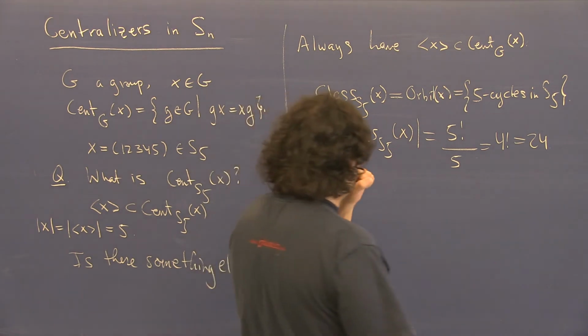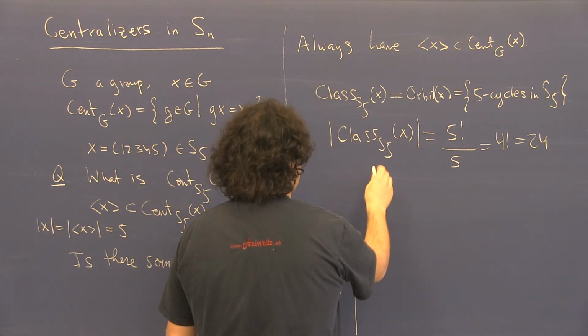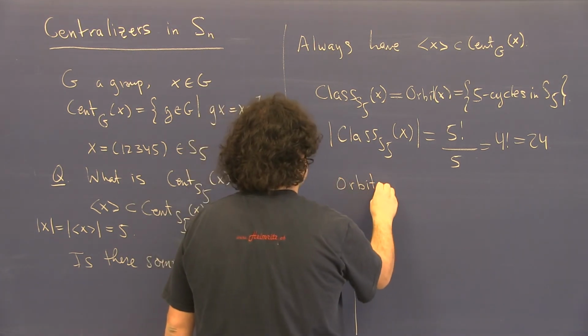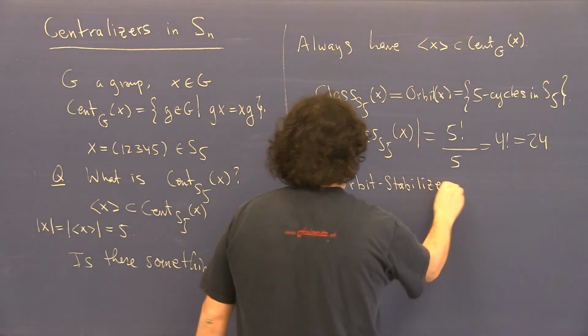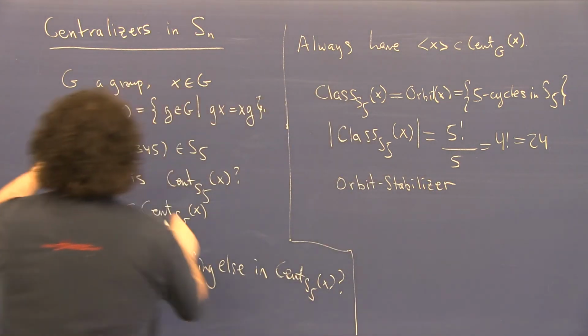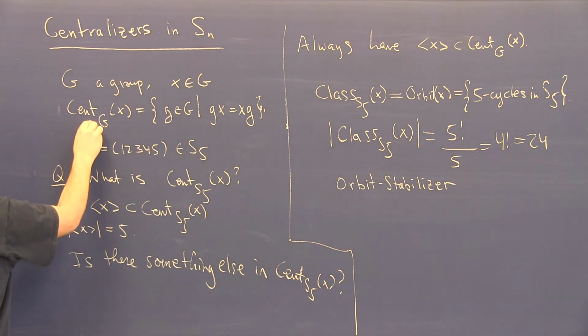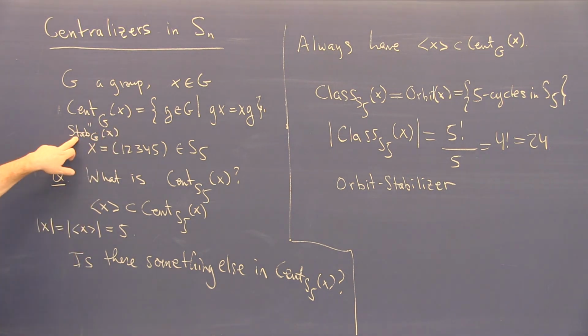Now, we know by the orbit stabilizer relation, so let's remember that the centralizer in G of x is the stabilizer for conjugation.